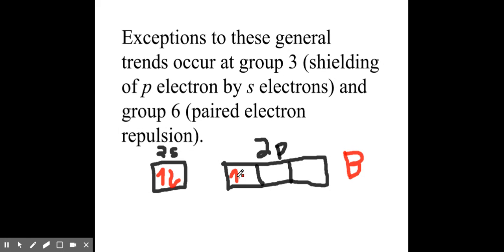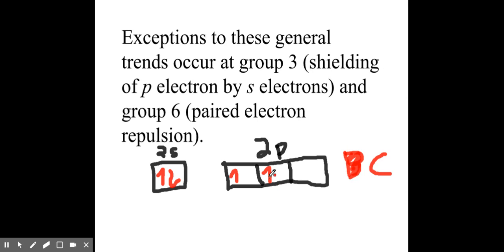Now it's going to be able to remove this 1 electron right here pretty easily, but now we've got kind of a full sublevel right here, so it's actually a little hard to pull this off. Now if we took this away and then we did our next one, which is carbon, the one after boron, it has 1 more electron.